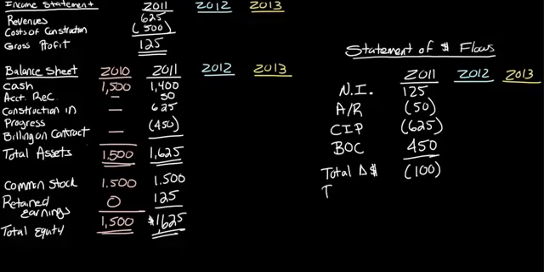And my beginning cash was $1,500, and so my ending cash is $1,400. Okay, so that's my income statement, balance sheet, and statement of cash flows. That finishes up 2011 for Garvin's Construction.